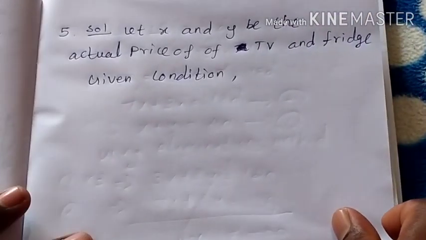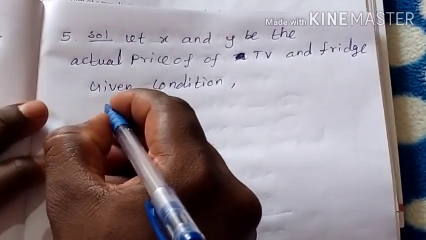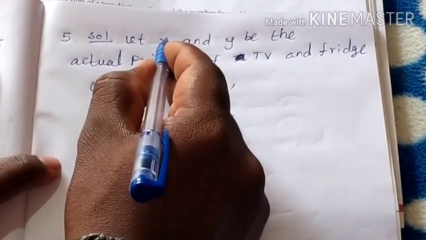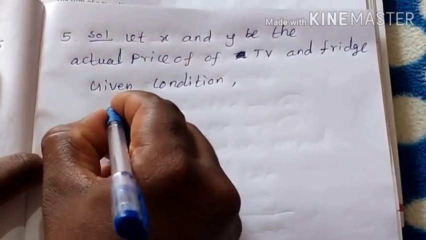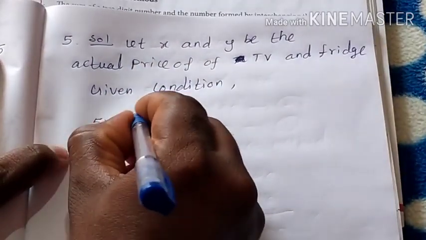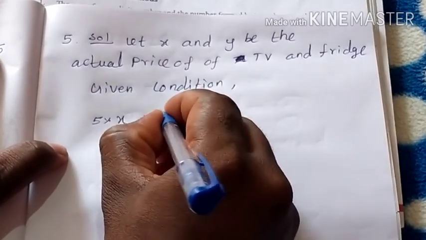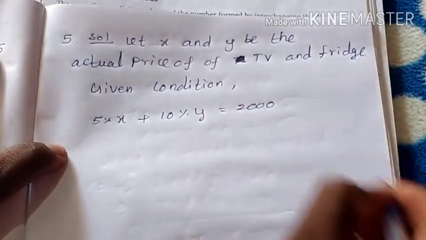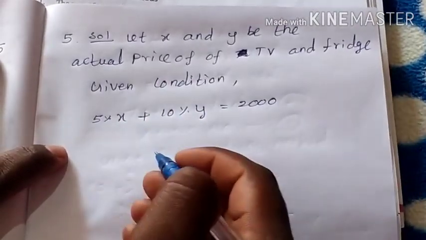Okay, given condition. First, get 5% gain. The actual price is x. Okay, so 5% of x plus 10% of y equal to 2000. Okay, this is your first condition.